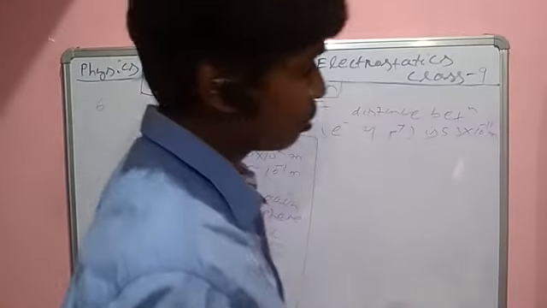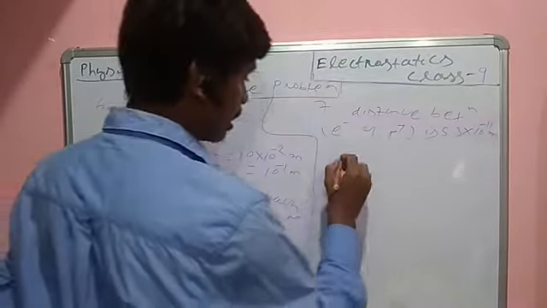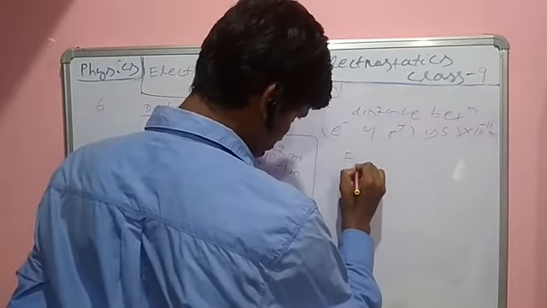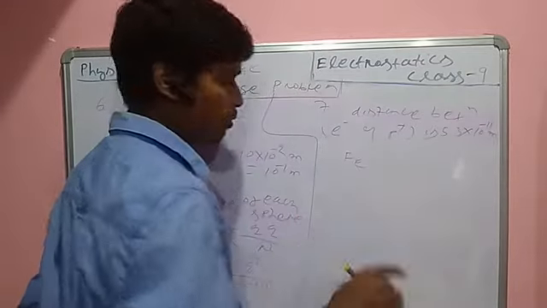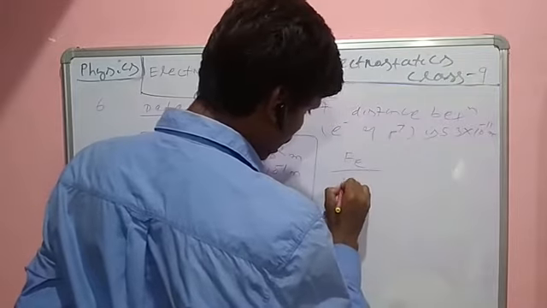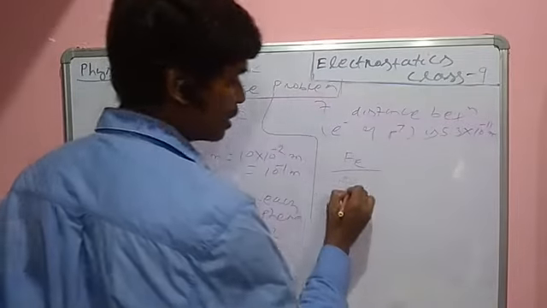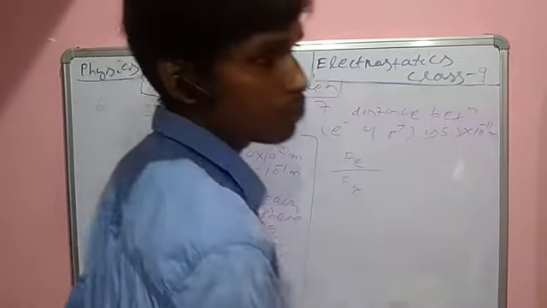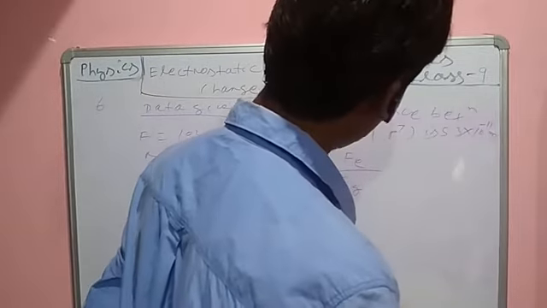So you have to calculate the electrostatic force between electron and proton divided by the gravitational force. That means the ratio of electrostatic force to the gravitational force.